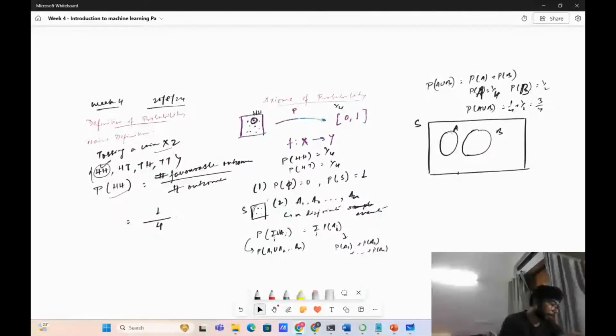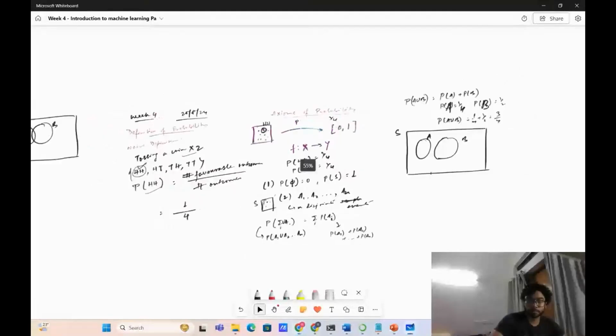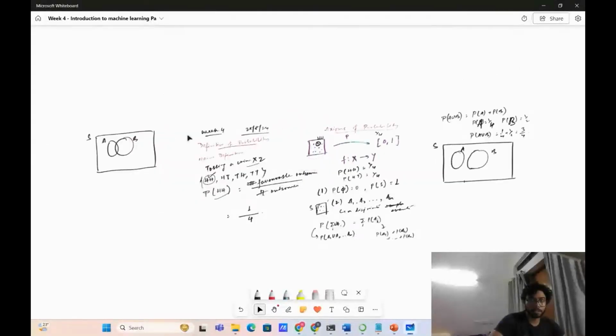If the two events are not mutually exclusive, let's consider this diagram, this left side. So you have two events which have some intersection, some P of A intersection B, right?